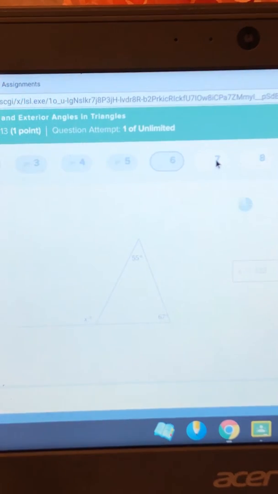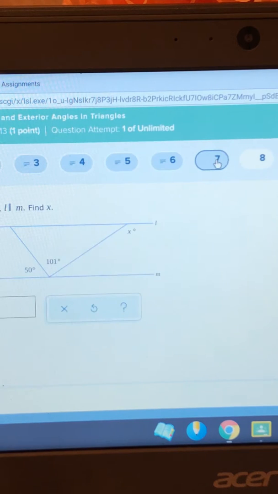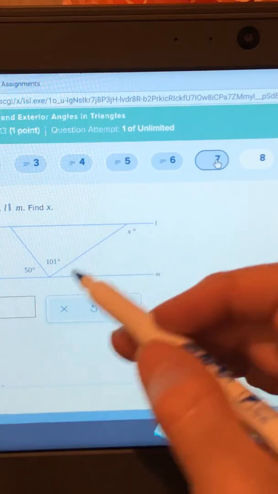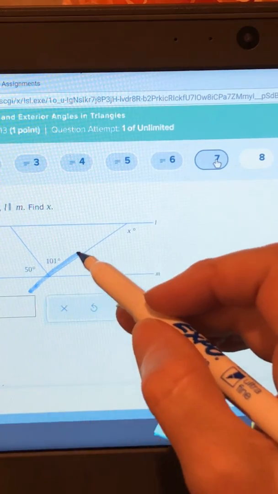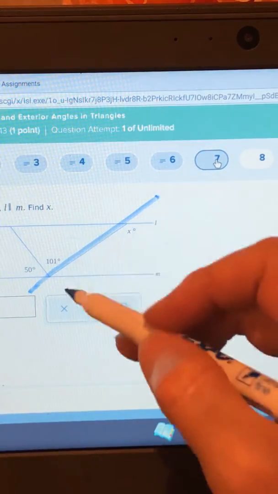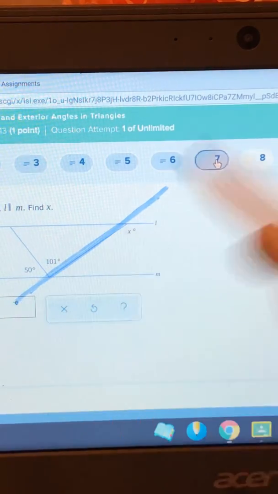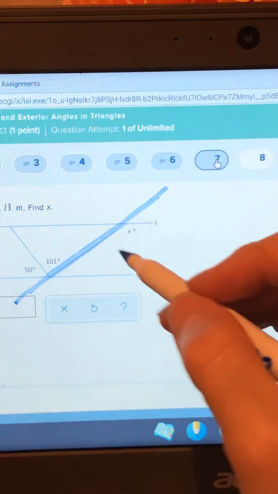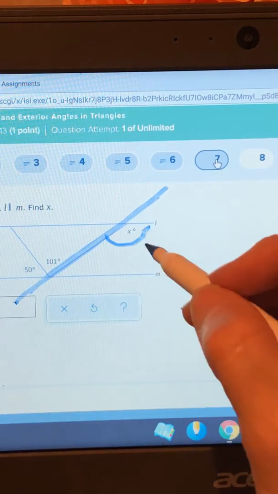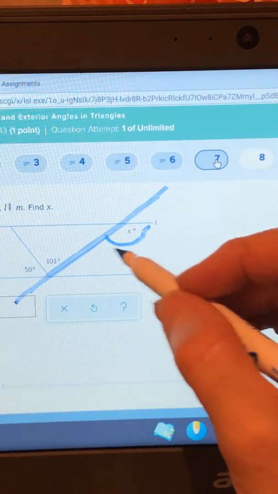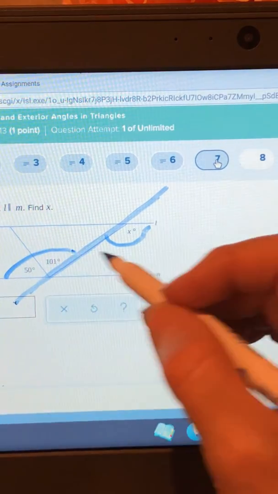Things are going to start looking different, and this is where we're going to have to remember about corresponding angles, alternate interior, alternate exterior, supplementary, all of those type things. So here we go. I want you to imagine that you see an upside down triangle hidden inside 2 parallel lines. These are parallel lines, and this right here could be a transversal. And if it is, this is an alternate interior angle, and so is that.